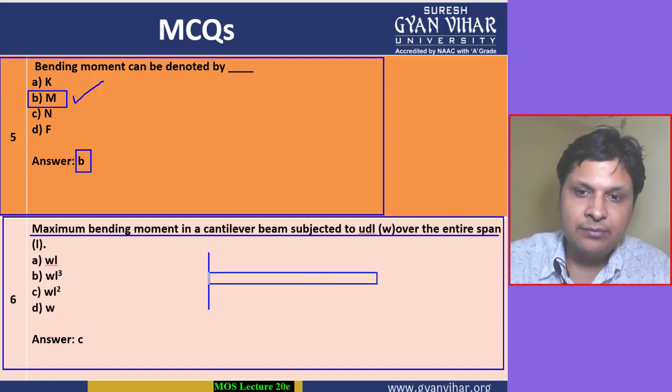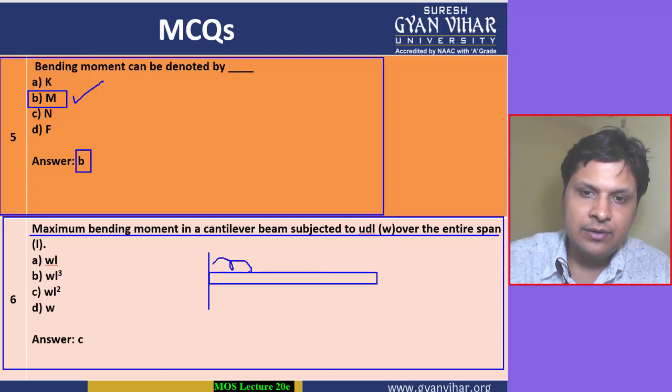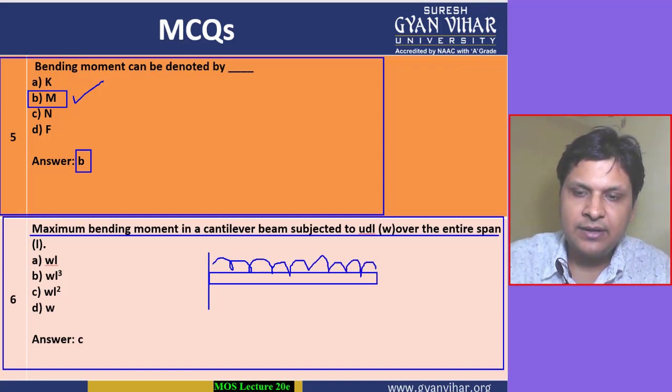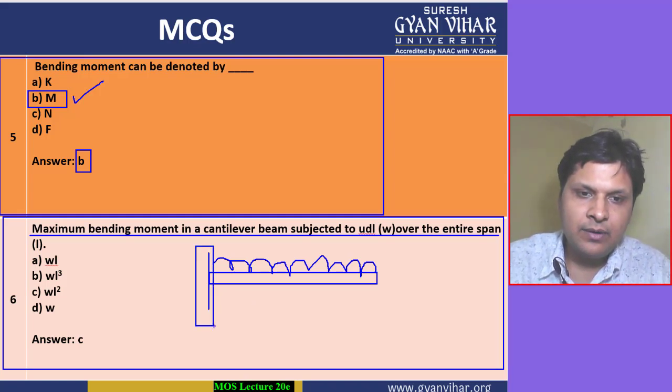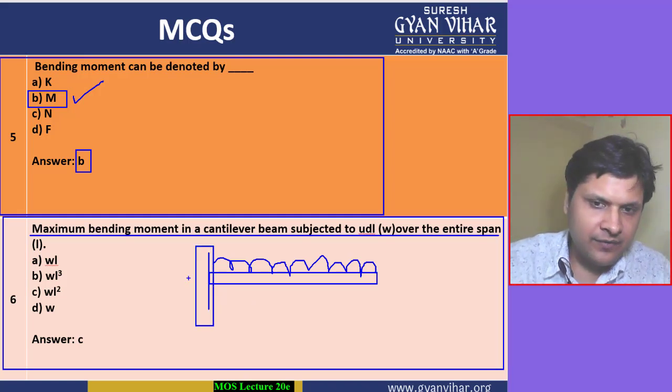If this is the cantilever, then it is loaded with uniformly distributed load over the entire length. Now you will get the maximum value of bending moment again at point A, at the fixed end.